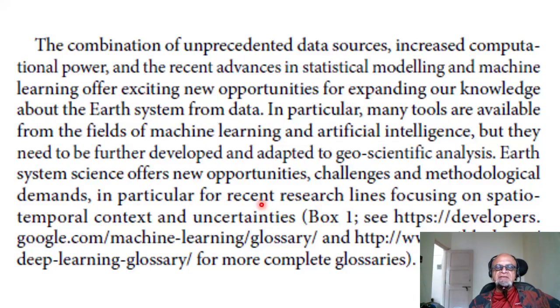Earth system science offers new opportunities, challenges, and methodological demands, in particular for recent research lines focusing on spatio-temporal context and uncertainties. So we'll look at a few boxes here.